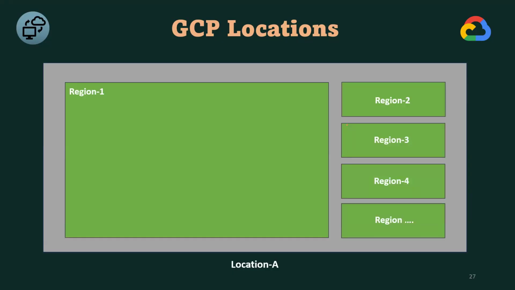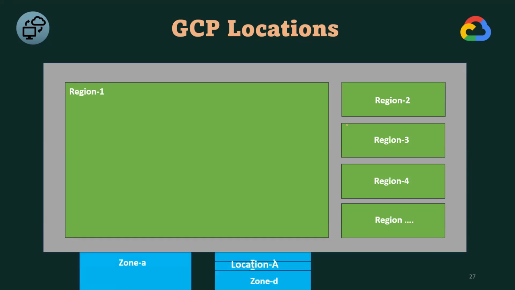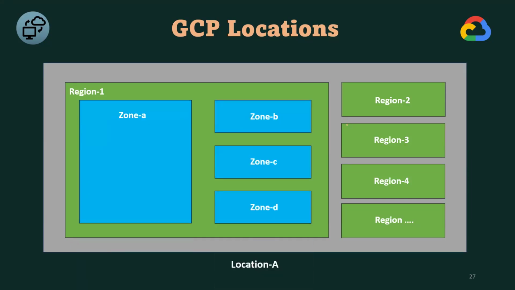A location is divided into multiple regions: Region 1, Region 2, Region 3, Region 4, and so on. Each region is a collection of zones: Zone 1, Zone 2, Zone C, Zone D. Each zone is connected to one more zone via a high bandwidth network. As I told you, zones will have the data center. So this is what a data center is.